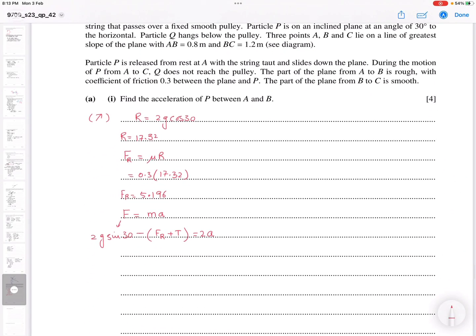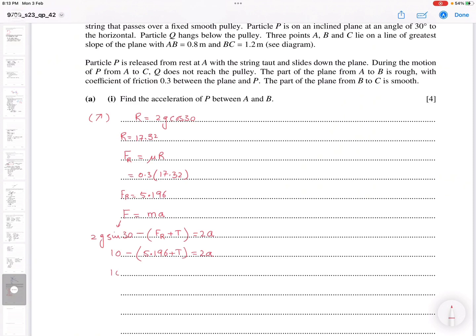That's why I wrote 2g sin 30 minus Fr plus T is equal to 2a. So 2g sin 30 is 10, minus my Fr is 5.196 plus T, and this is equal to 2a.